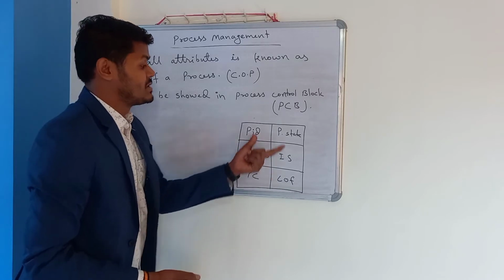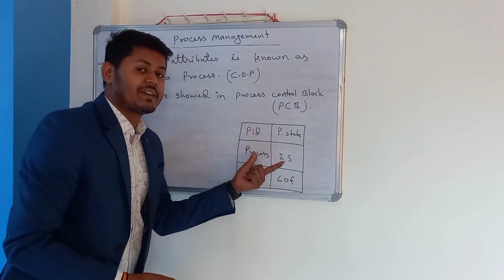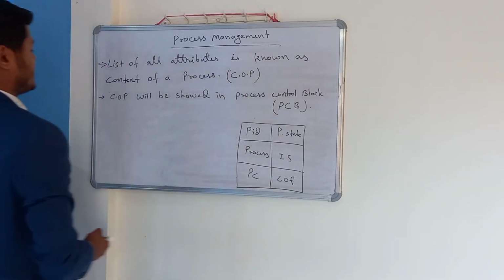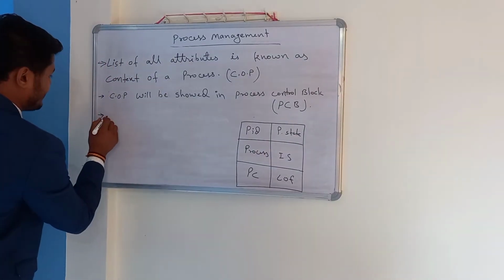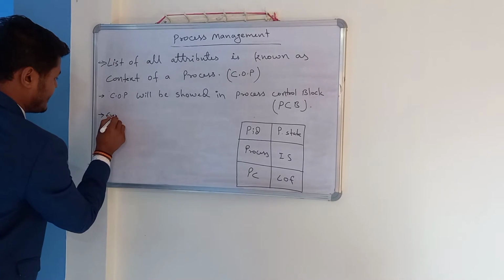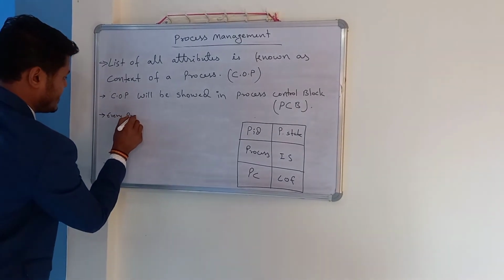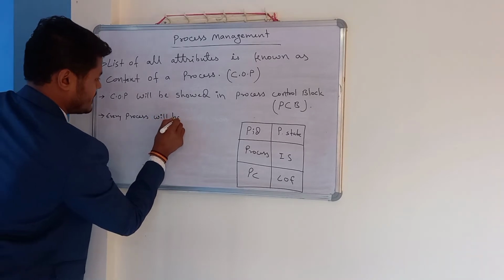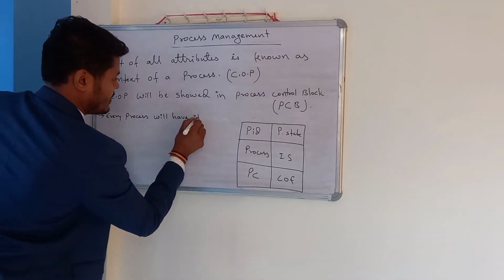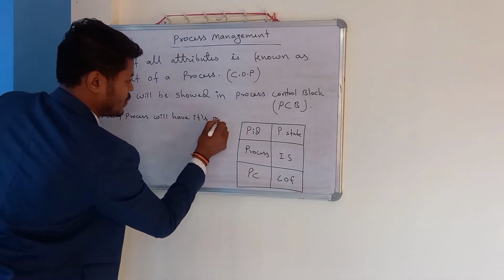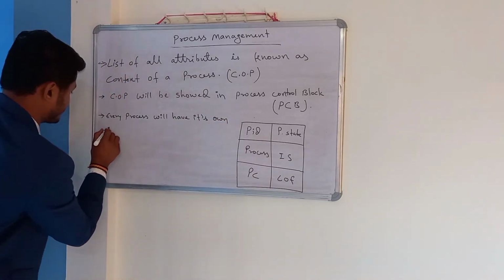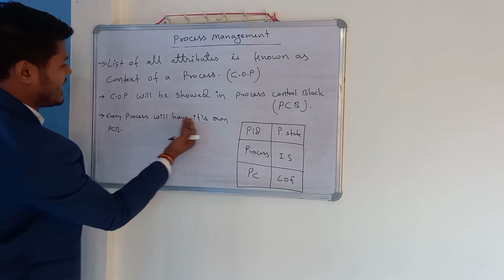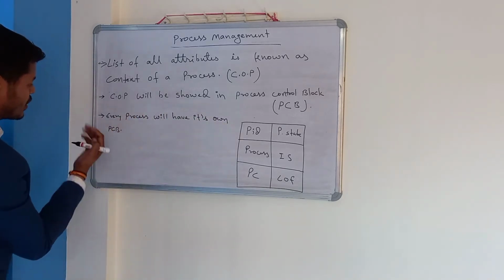With the help of this information, the operating system can get the information of a particular process. So the next point is every process will have its own PCB, its own process control block.